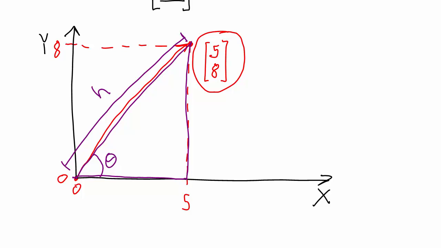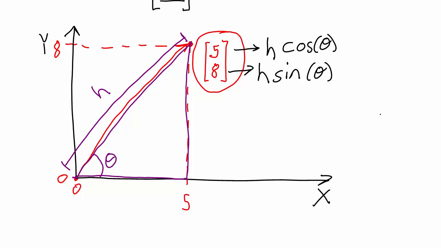Now, we could write the x and y positions of this vector differently. The x position could be written as the hypotenuse times the cosine of the angle theta. And the y element could be written as the hypotenuse times the sine of the angle theta.